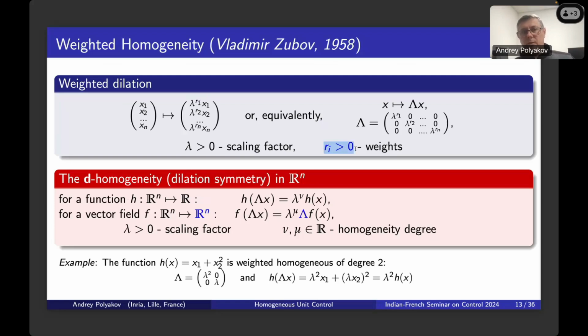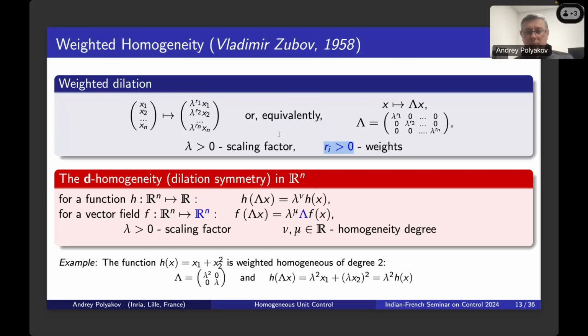In this case, this operation of scaling of the vector, which is shortly denoted by lambda here, is the generalized dilation, the basis of the generalized homogeneous differential equation. So it is the first generalization of the standard dilation.